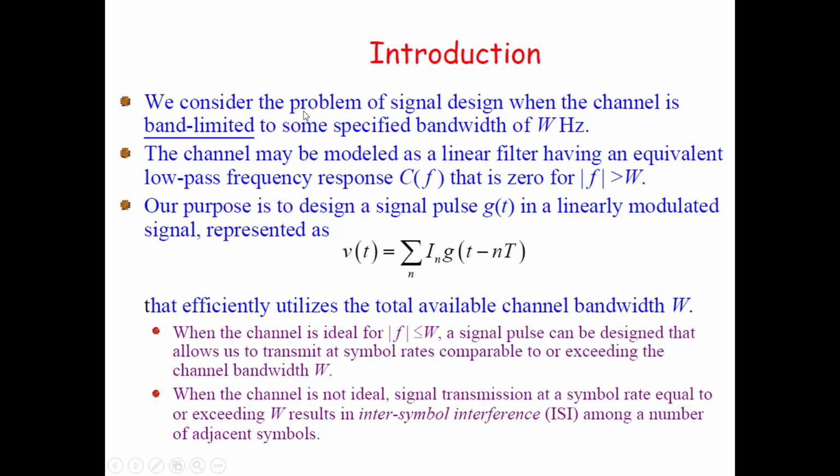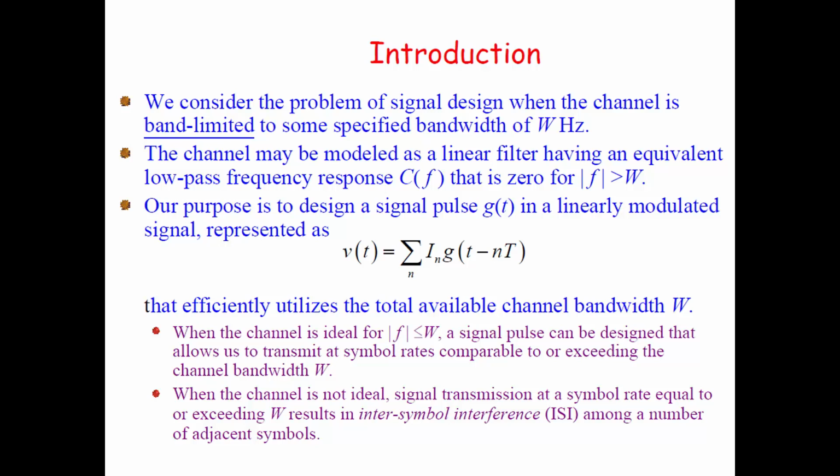The point to be looked at is the problem of signal design, because if you understand the theory of communication systems, then the choice with the designer is the design of the input pulse. Input pulse means, in digital communication systems, the information will be represented in terms of ones and zeros.